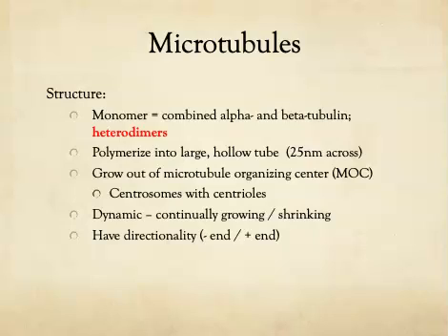Microtubules polymerize out of a very particular structure in a very particular location in a cell. The location is called a microtubule organizing center, or an MTOC, and there are typically two in every cell.